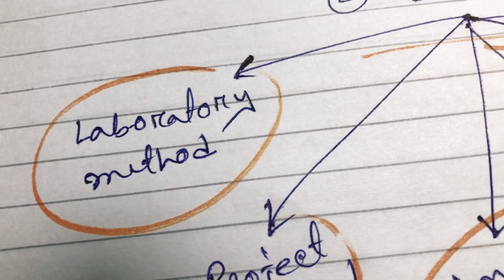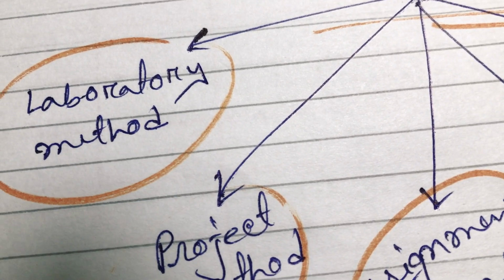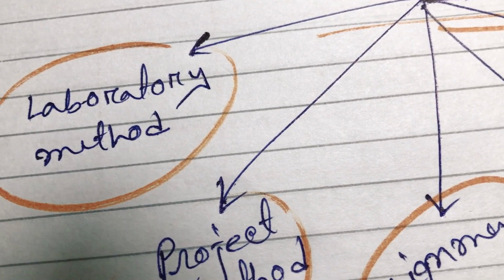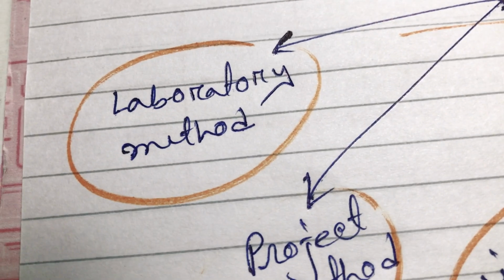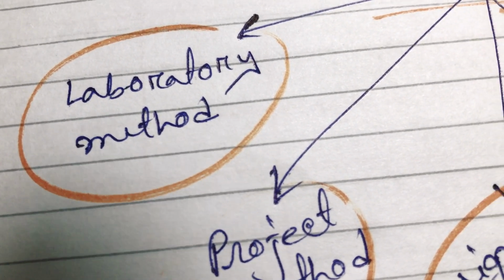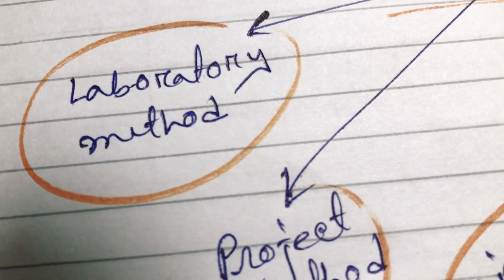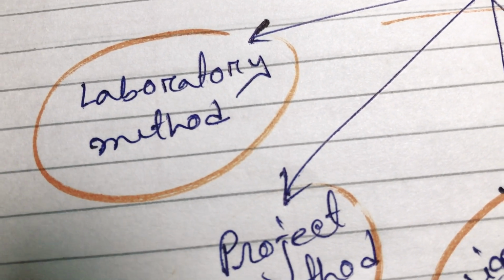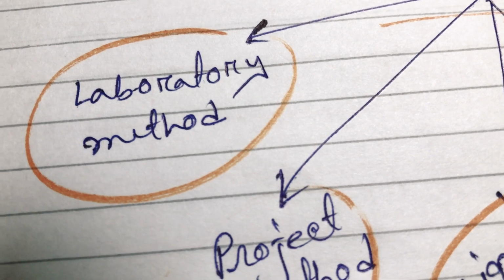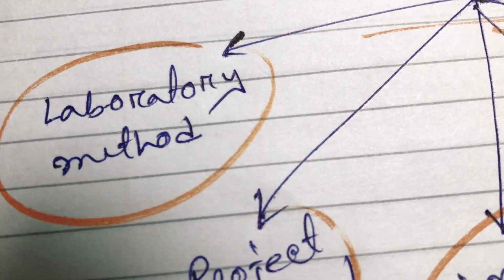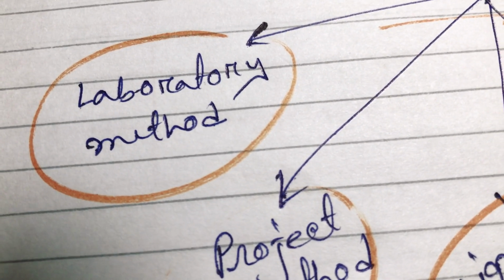Why is it planned? Because it deals with original or raw data in the solution. So we go to the lab and take some chemical or anything on which we make a lab test or research, or on which we experiment. That way of learning is called laboratory method.